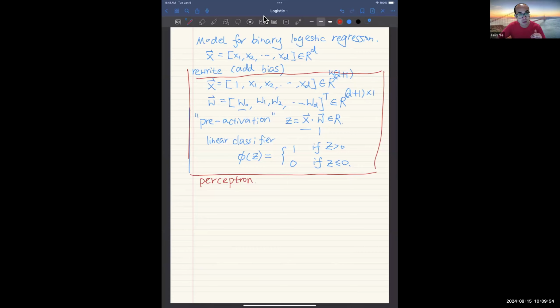Okay, and later you will see these things again. Basically, this perceptron has two steps. One is a linear model, which is X inner product of W, where W is my parameters, plus some binary step function, which is phi right here.